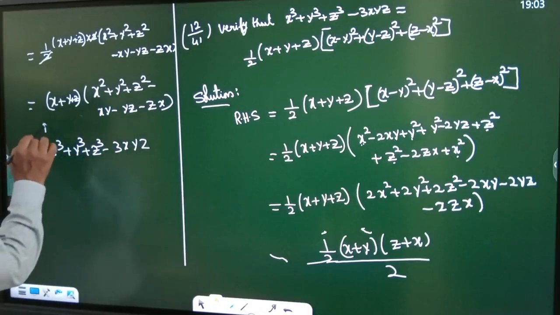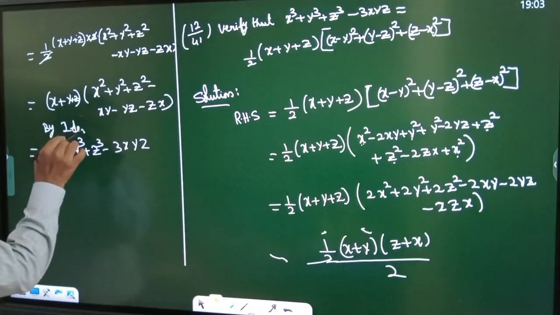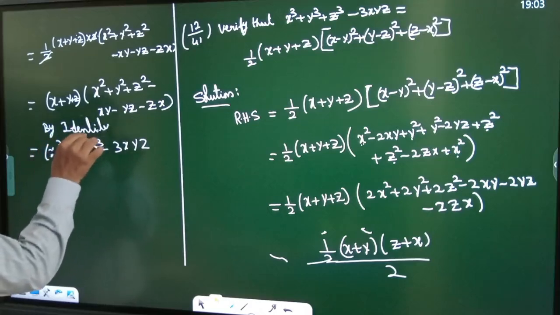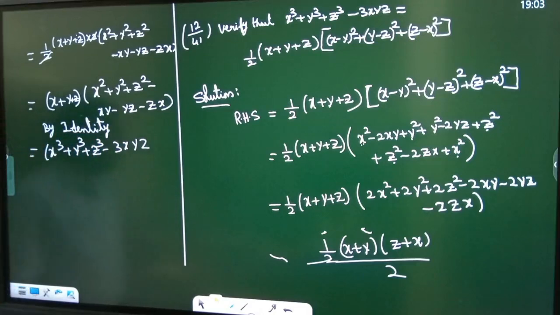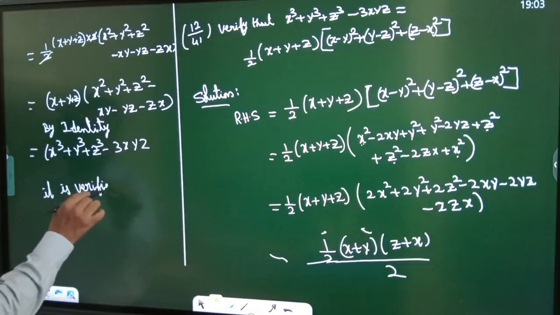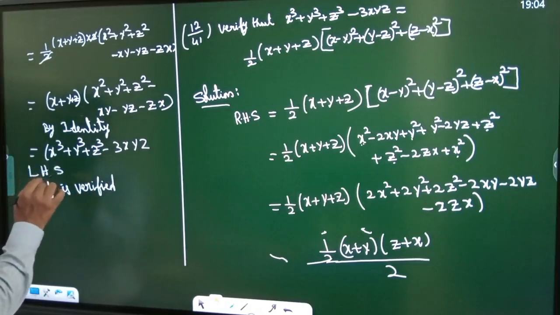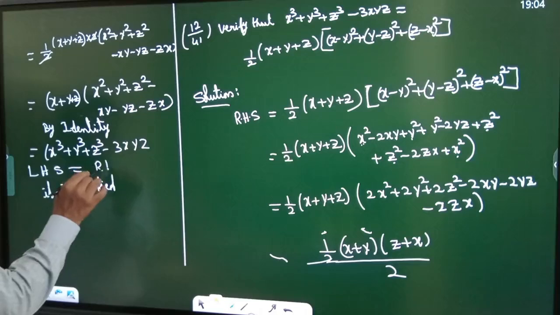Better we can write, by identity. Please use proper sentences. By identity, so it is verified. Verified. LHS is equal to RHS.